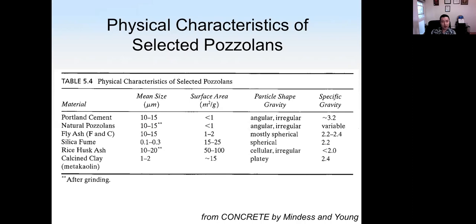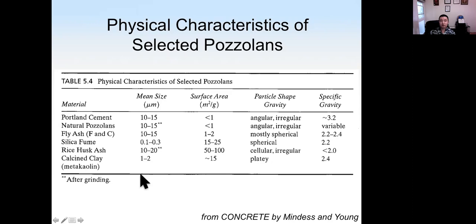This table compares the basic properties of typical pozzolans with Portland cement. As we can see, the particle size of cement is similar to natural pozzolans, and the fly ash, while for silica fume it is much smaller.